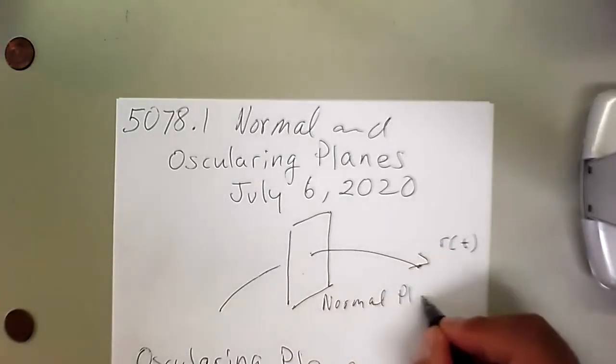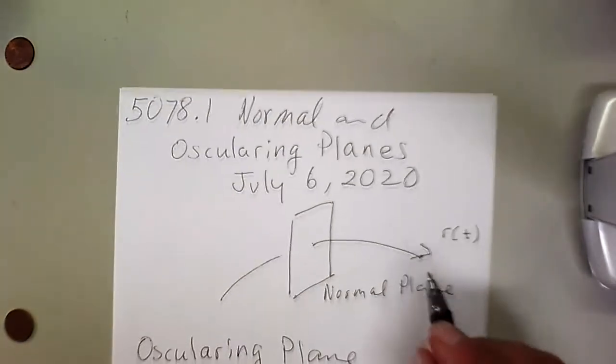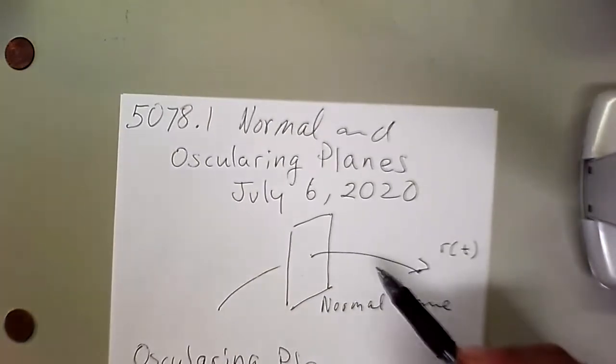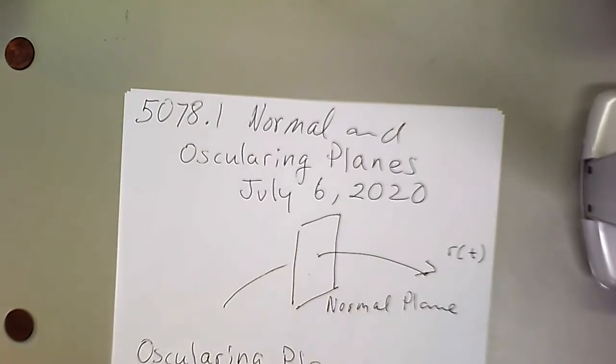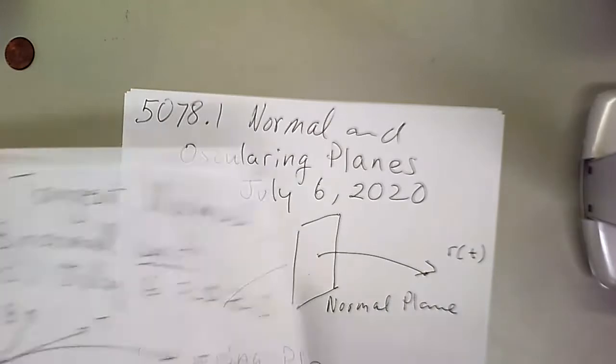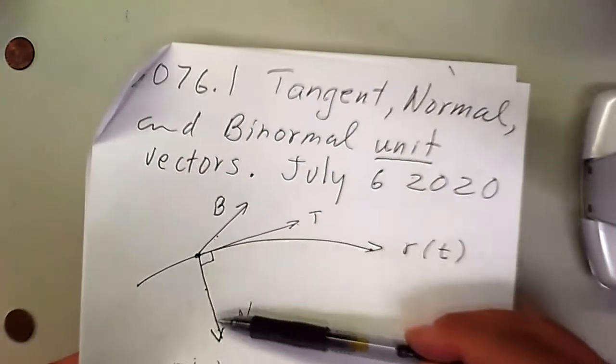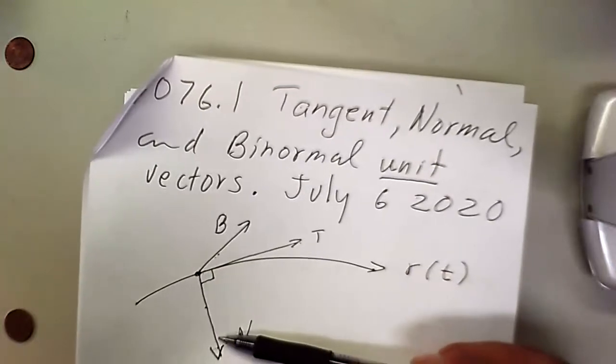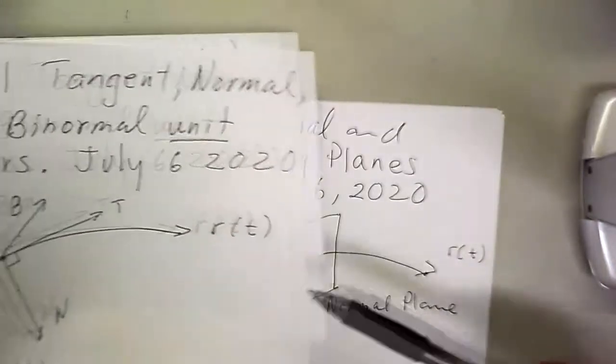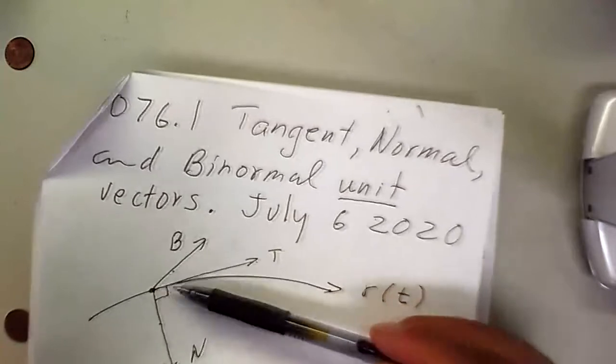Normal plane. This is a little confusing because in the previous video, we spoke about the normal vector. Here it is from the previous video. This is the normal vector, and the normal vector does belong to the normal plane, but there's also the binormal vector.